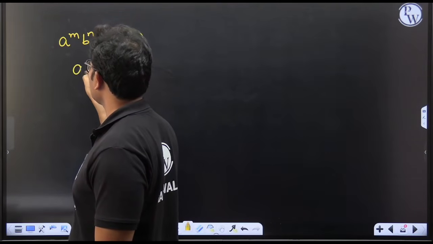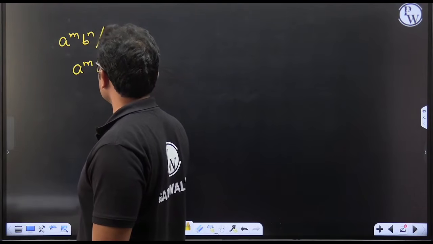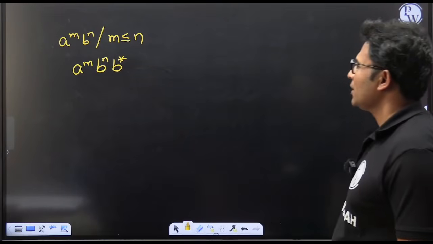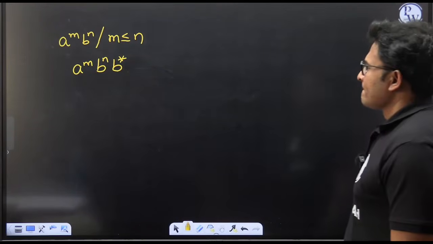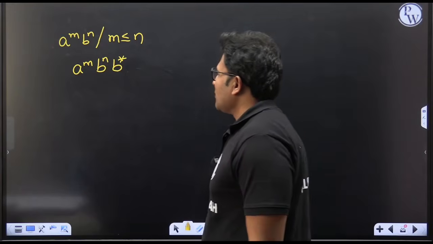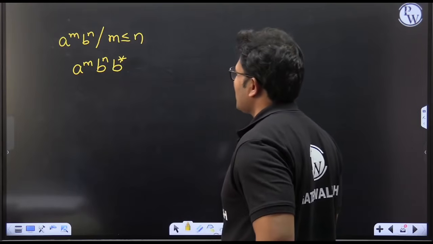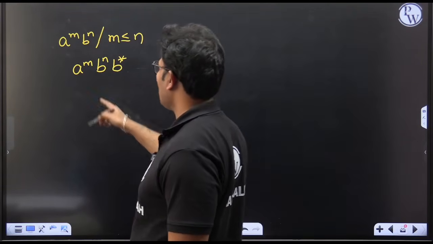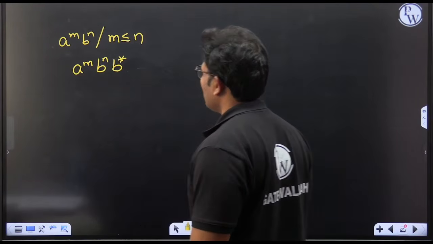How can I write it? I can write it as a^n b^n b^*.